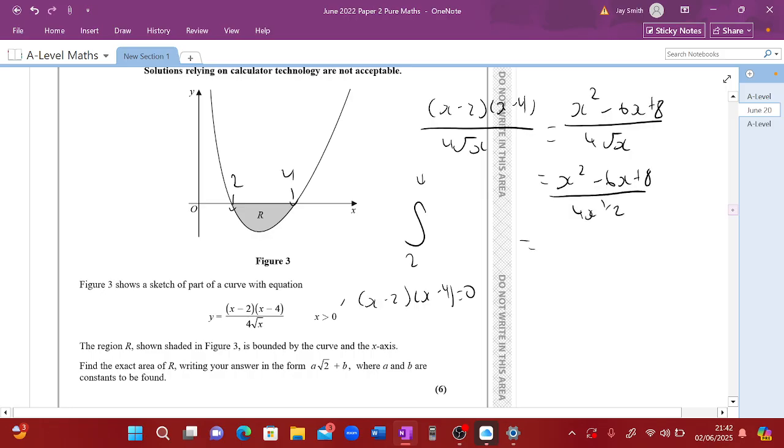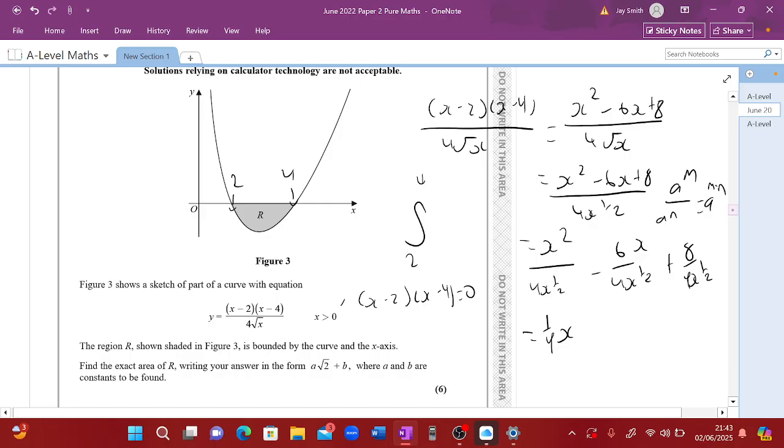Because this is a fraction, we can split it up term by term: x squared over 4x to the half, minus 6x over 4x to the half, plus 8 over 4x to the half. If we have the same common denominator, we can split up the adding and subtracting. Then I can use power laws: a to the m over a to the n is a to the m minus n.